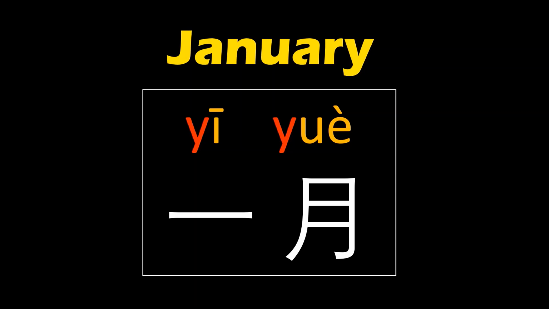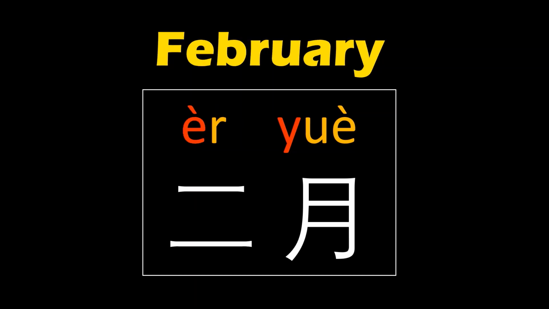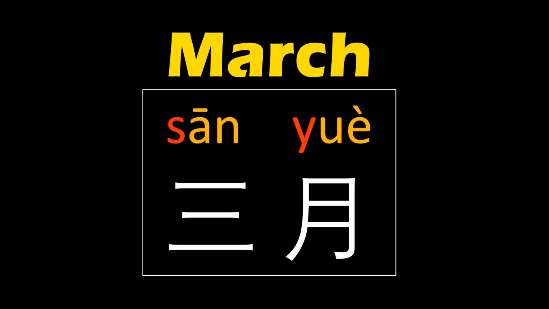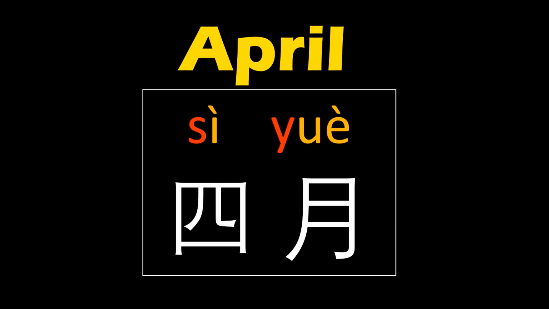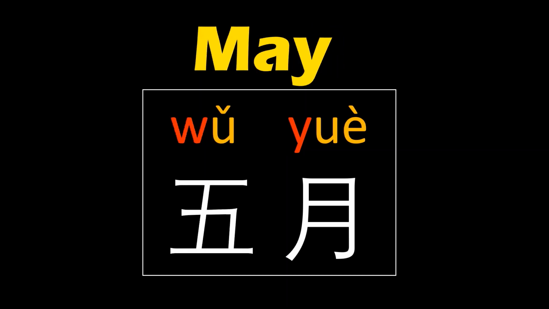February, 2月. March, 3月. April, 4月. May, 5月.